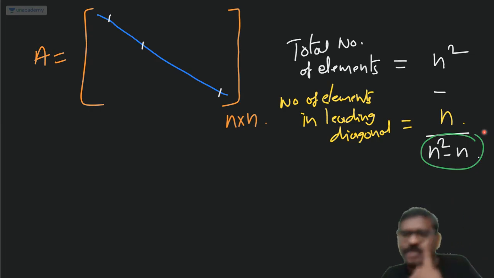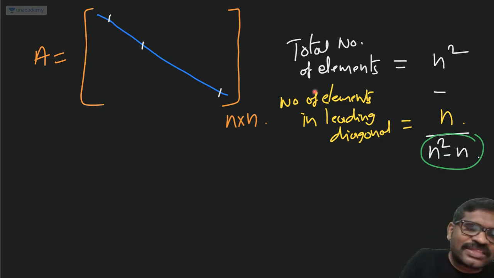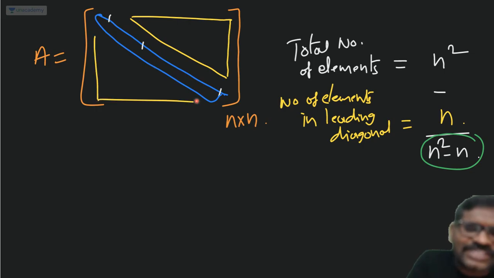Please remember, this is the main point. In a symmetric matrix, all the off diagonal elements must satisfy the symmetric condition. This is the leading diagonal. All the entries above the leading diagonal and below the leading diagonal must satisfy the symmetric condition.